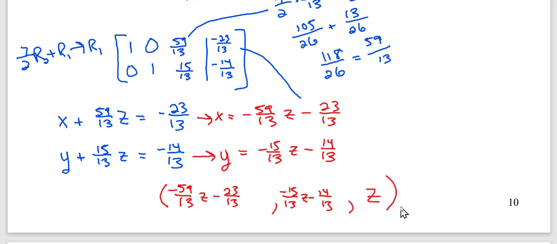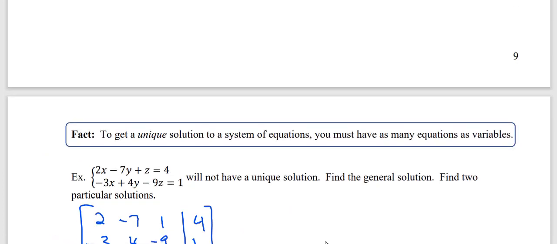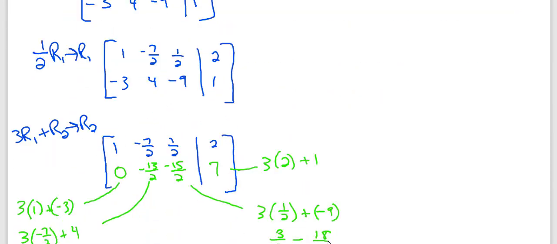We call this the general solution because we have infinitely many solutions here. z can be anything. You can pick whatever you want. z could be 1,000,000, and you can find x and y based on that because they are written now in terms of z. That's my general solution in this dependent system.